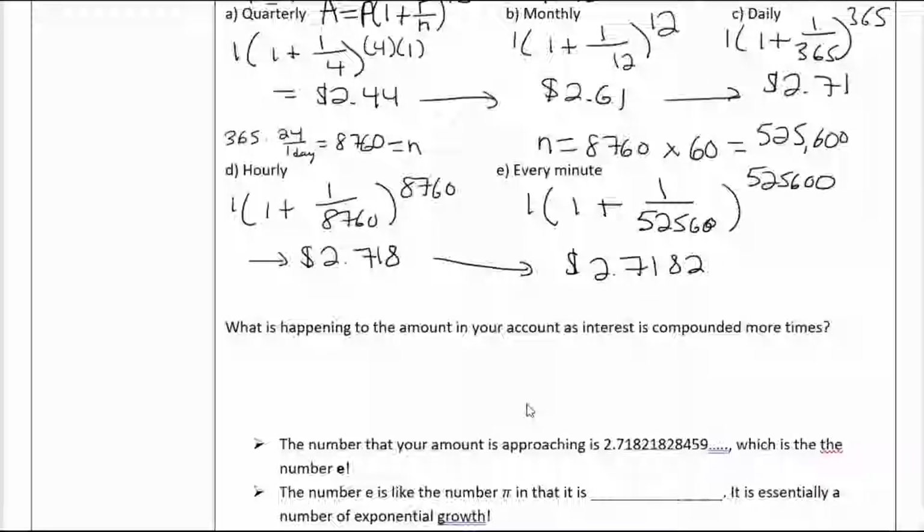So what is happening to the amount over time as you compound more times? Well, eventually it reaches a limit, and you can't really reach much more.